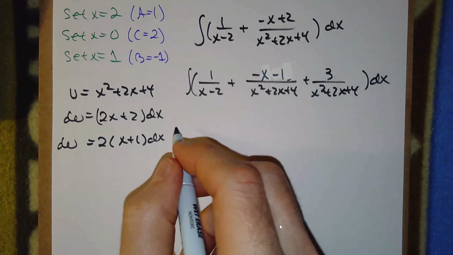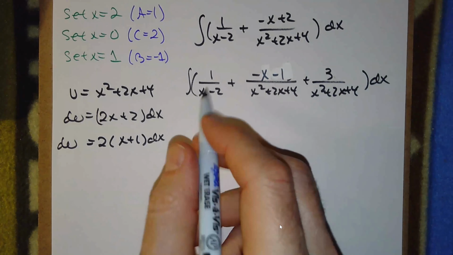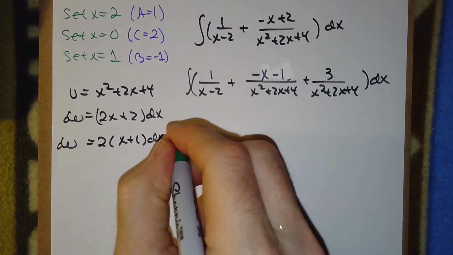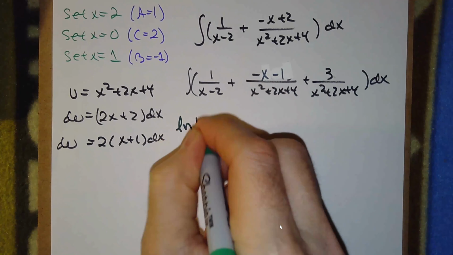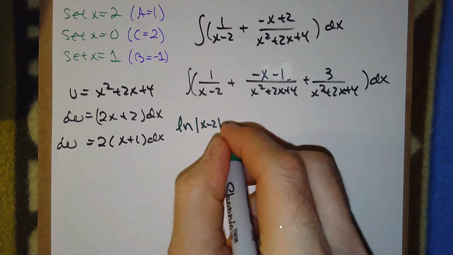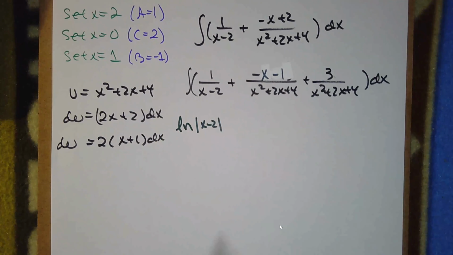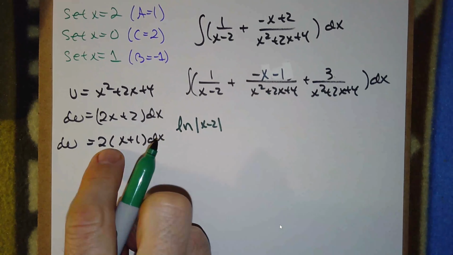Okay, so this one, let's just right away write it as the natural log and kind of be done with that. So natural log of x minus 2. And then this one, I've got to factor out that negative, play around with our substitution.